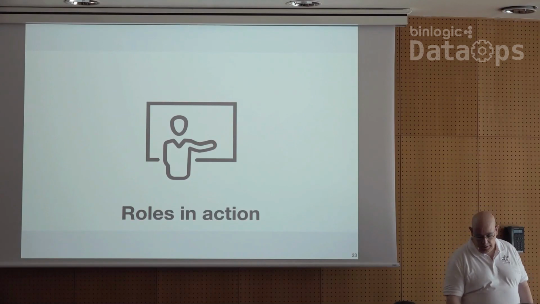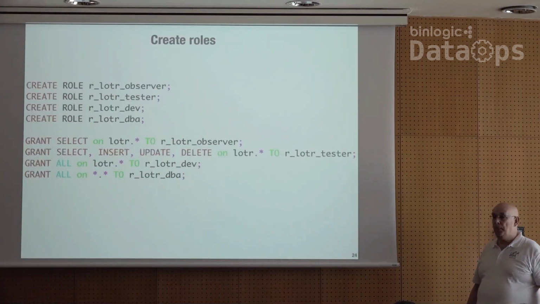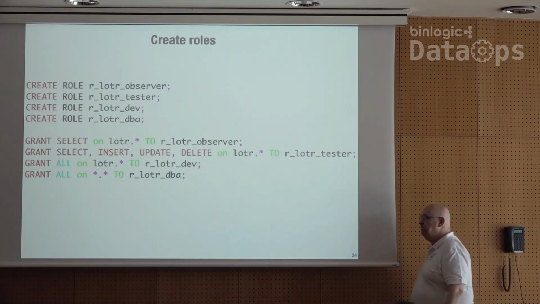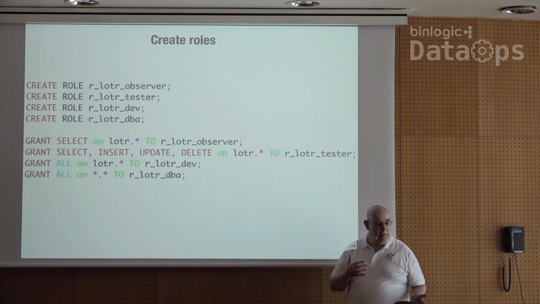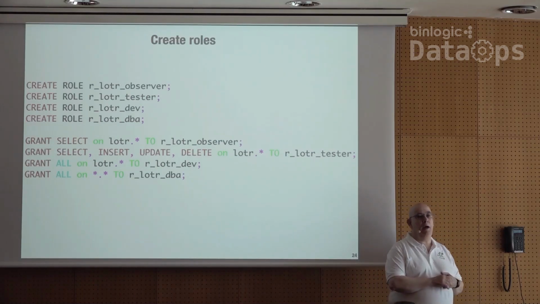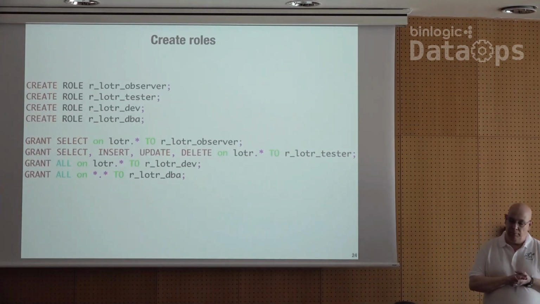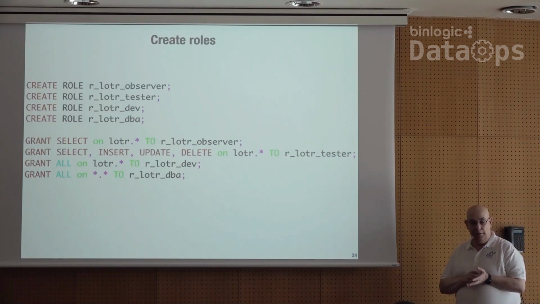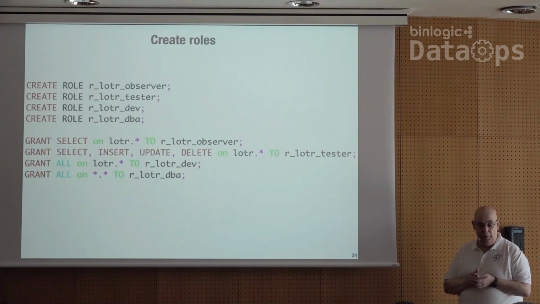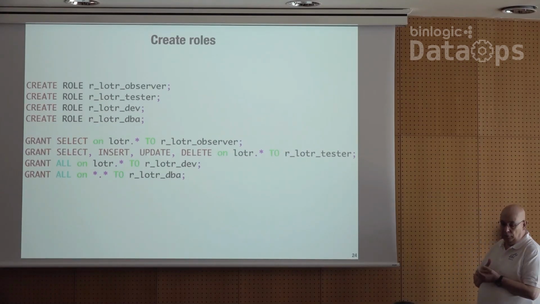I created one database, Lord of the Rings, and I created some roles that are different for several categories of workers. So we have our LOTR observer, then we have tester, developer, and DBA. So we have 4 roles.